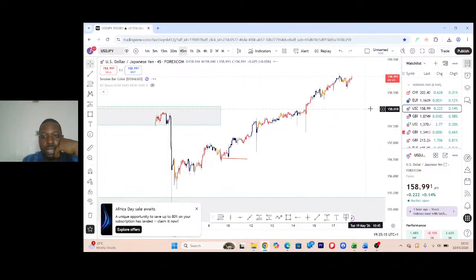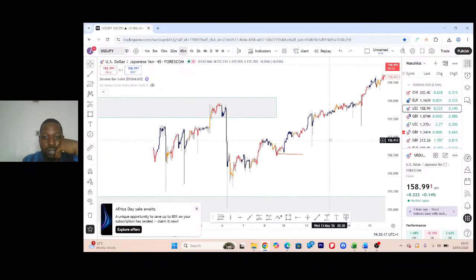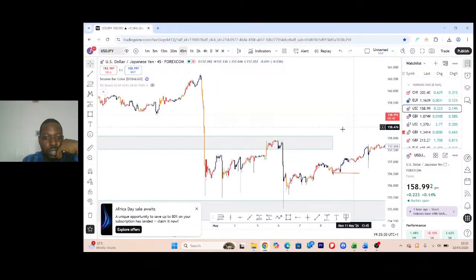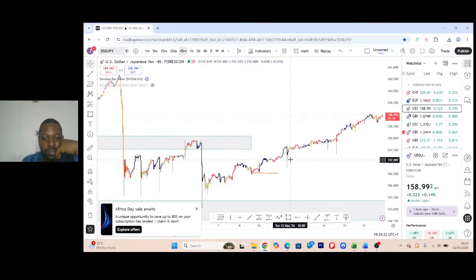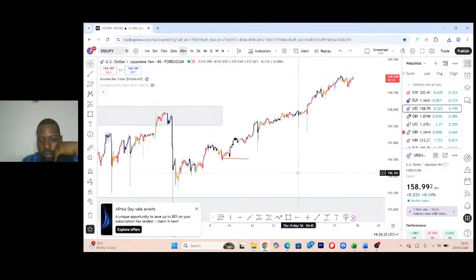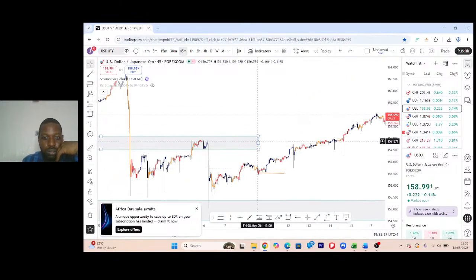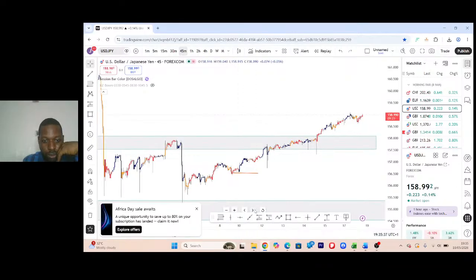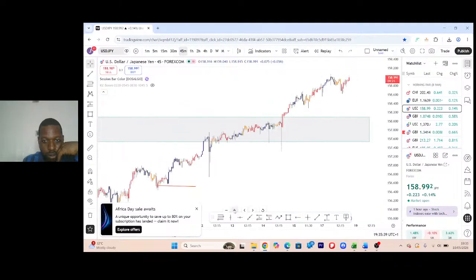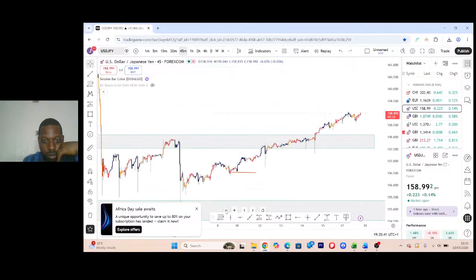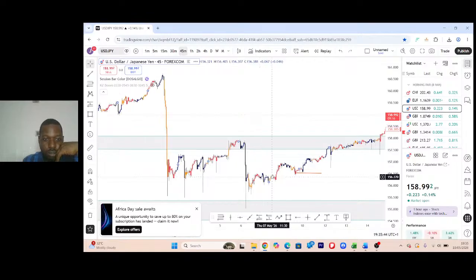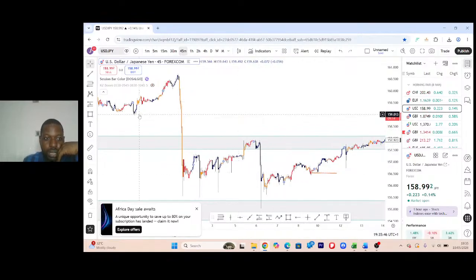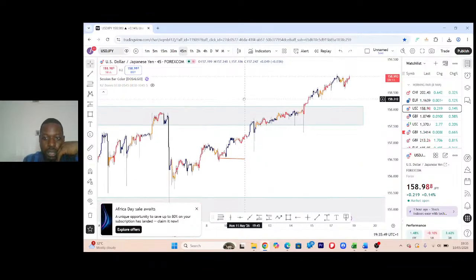So if you want to enter, you must make sure that at this level here, price is actually going to reject at this level.